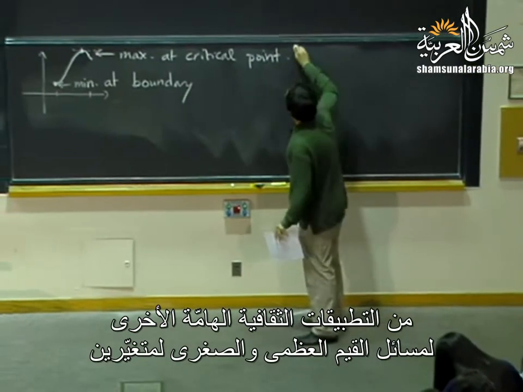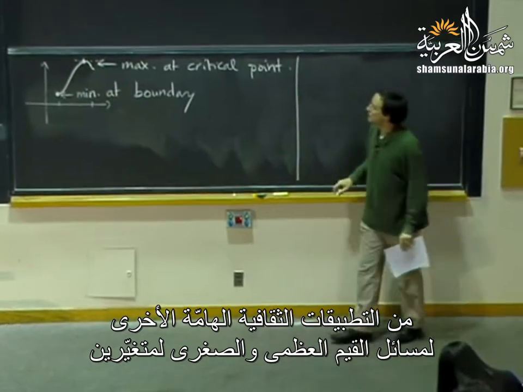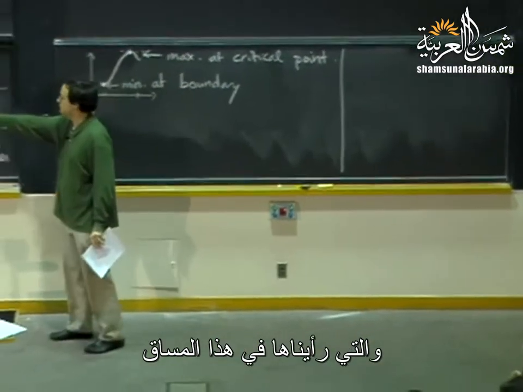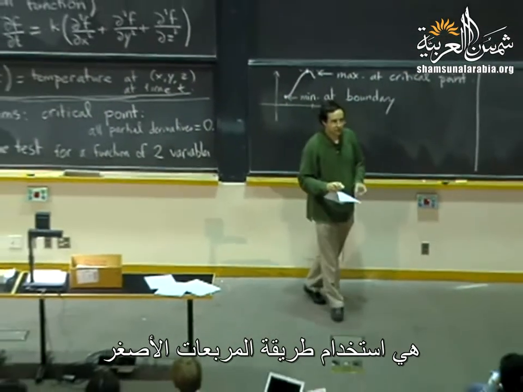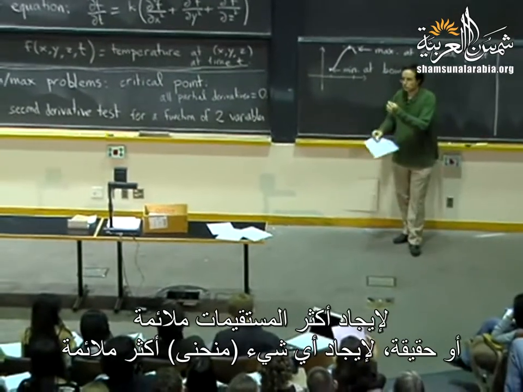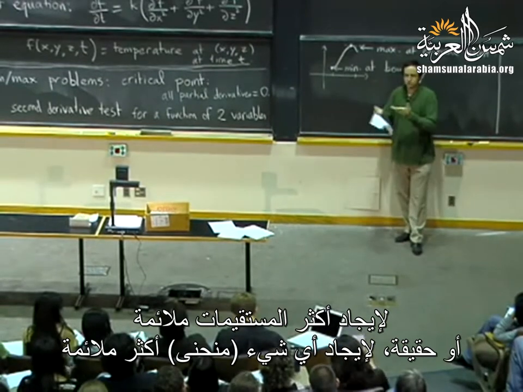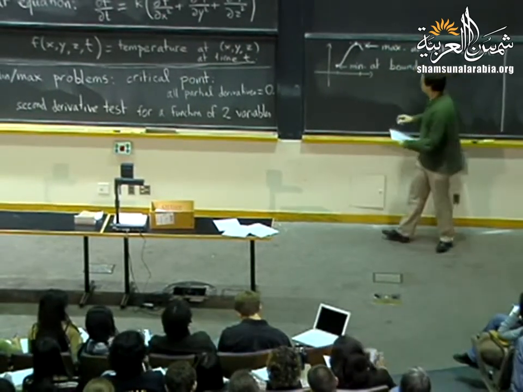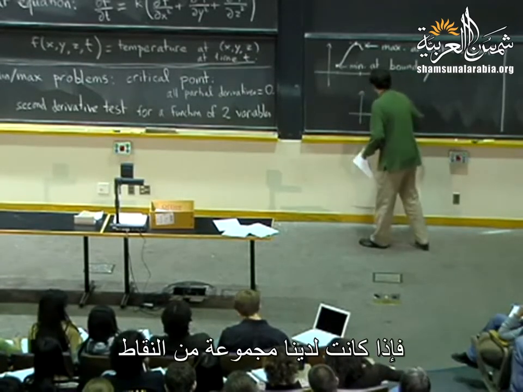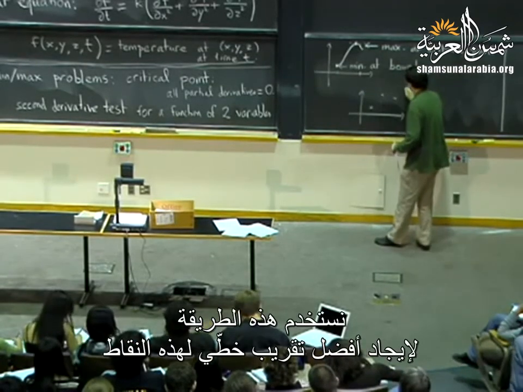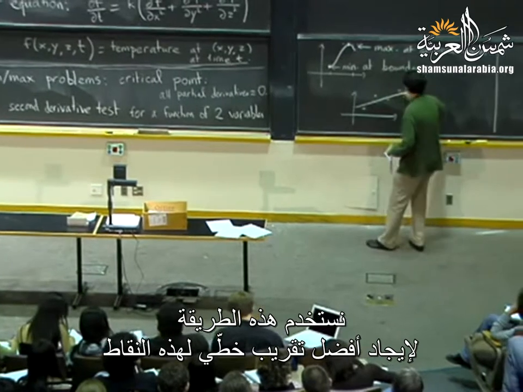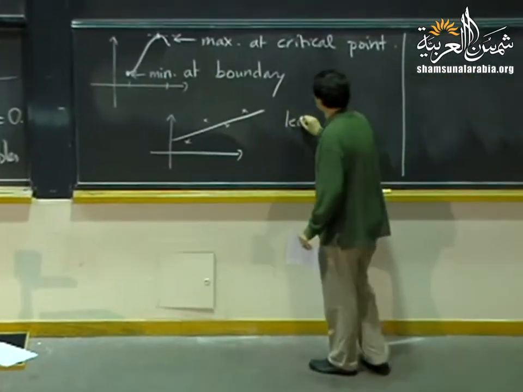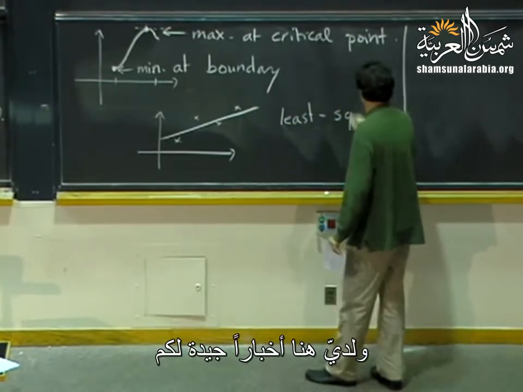So another important application of minimum maximum problems in two variables that we've seen in class is the least squares method, to find the best fit line or the best fit anything really, to find, when you have a set of data points, what's the best linear approximation through these data points. And here I have some good news for you.